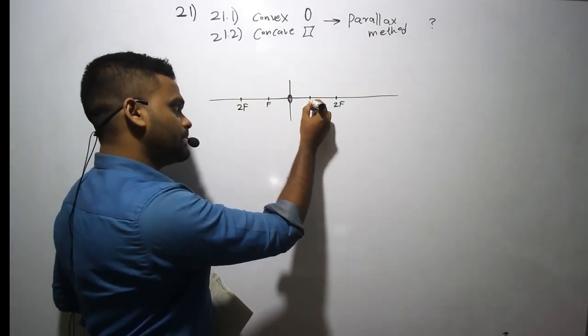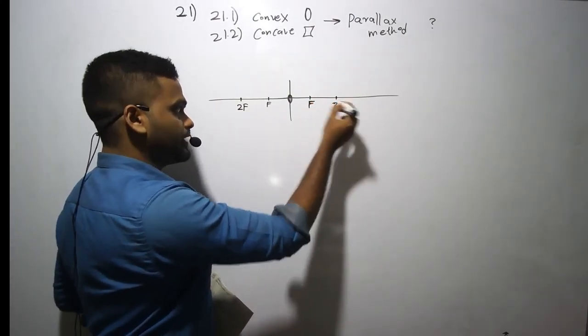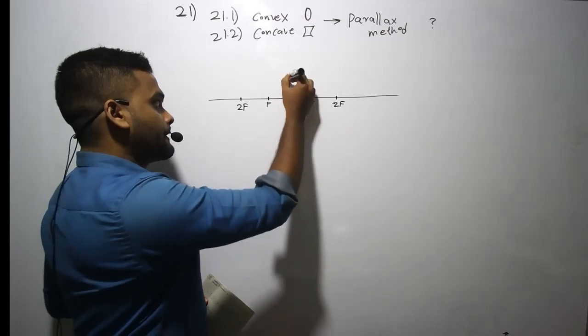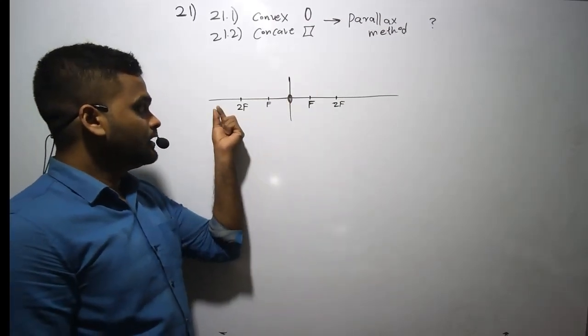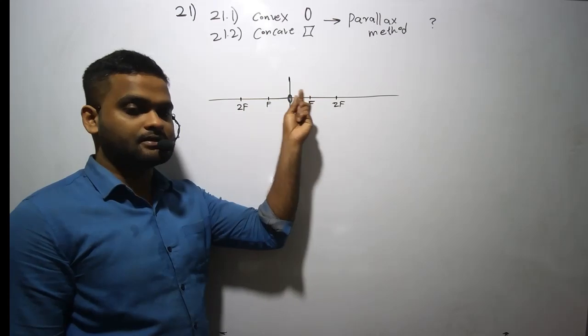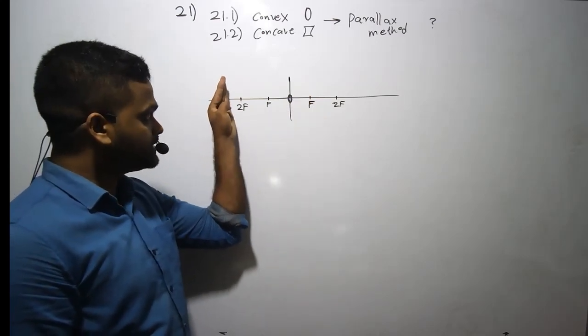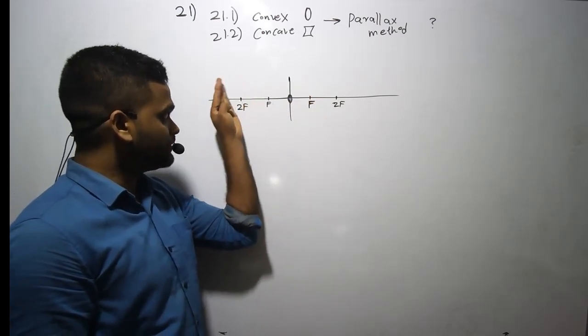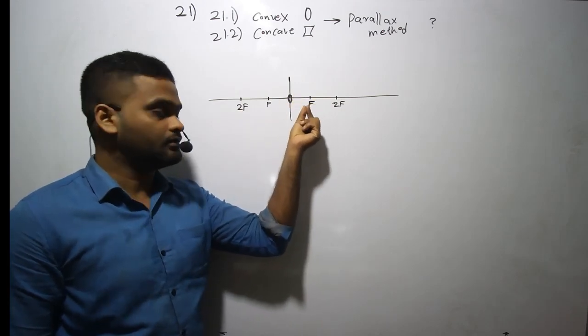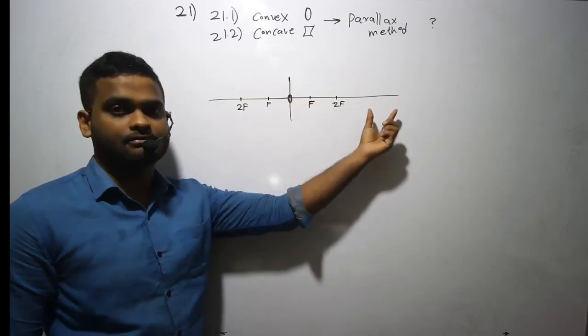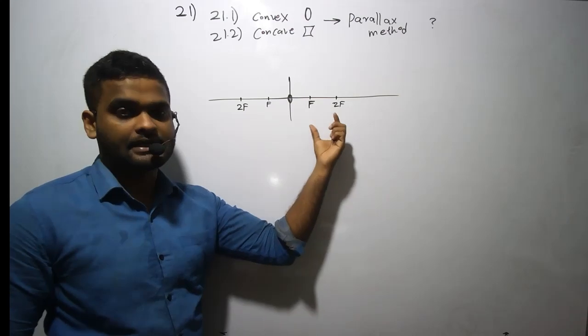Then you have two primary focuses, F and 2F. You need to have a rough idea of the location of the images when you are placing the object at each region. You need to have an idea of where the image is going to be. So that's what I'm explaining here.